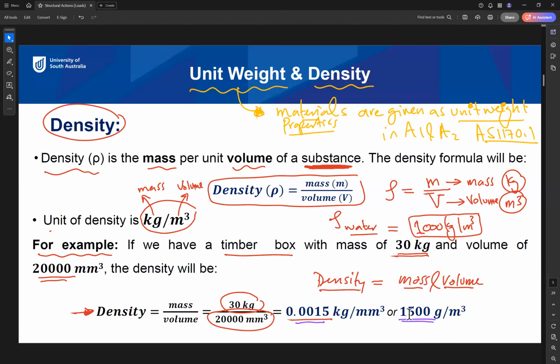I think this value needs to be revised, but let's have a look at it.